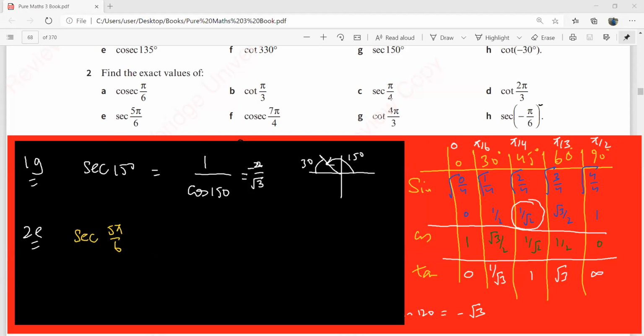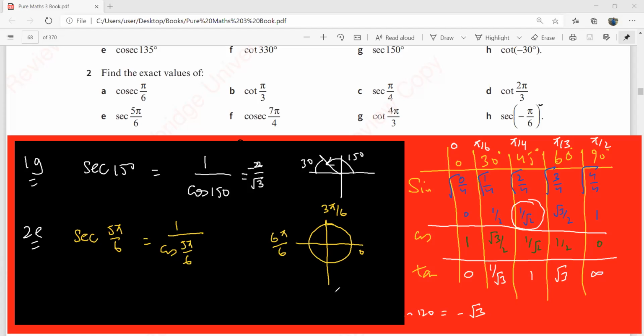First of all, this is 1 over cos 5 pi by 6. If I divide that into the 6's, this is your 0, this is pi by 2, so that is 3 pi by 6, and this is pi. That means this is 6 pi by 6.